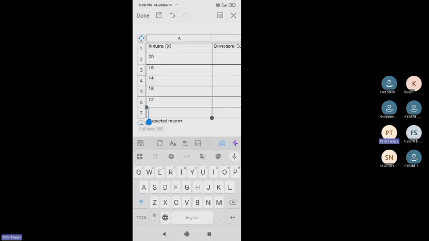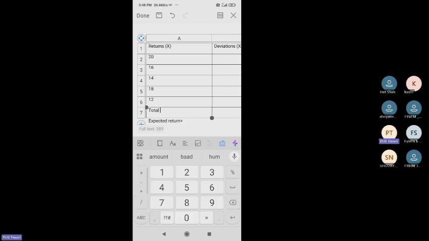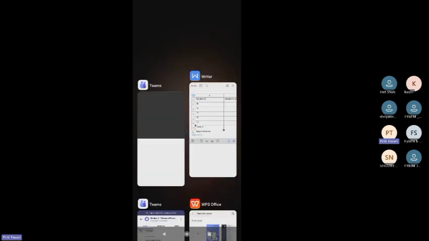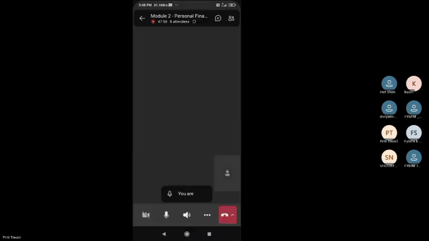We'll add a column over here which is of total. So tell me the total only first. Tell the total in the chat box.